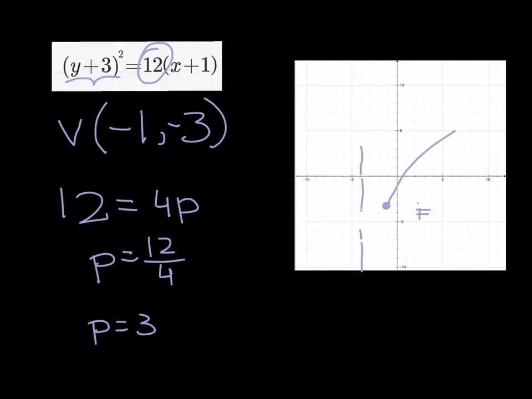So the parabola will be something like that. And that's it. Let's find the equation of the directrix. It will now be x equals -4, not y, because we're now talking about a vertical line.